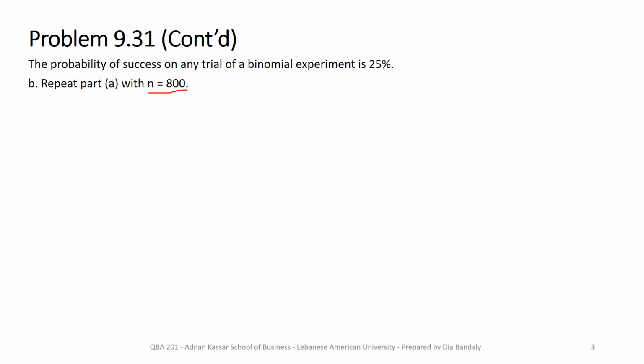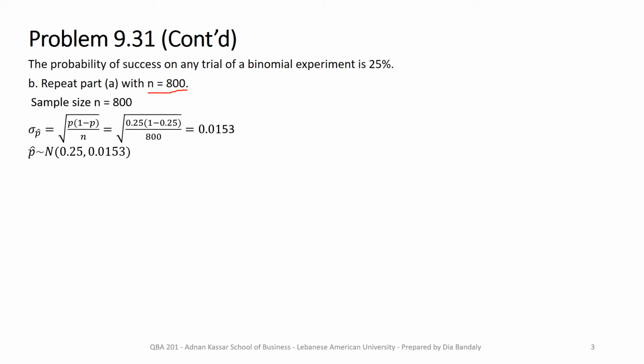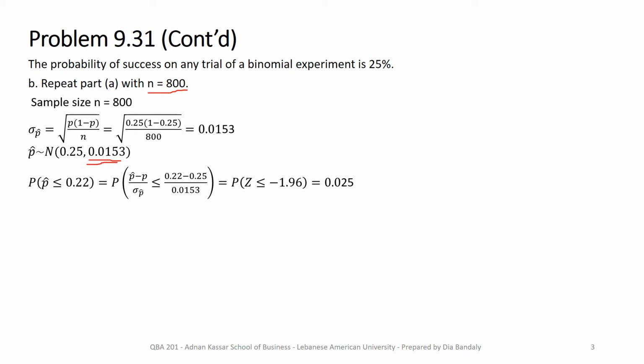So here, we're simply changing the sample size, which will only change our sigma p hat, and now it becomes 0.0153. I will go quickly here, because it's exactly the same procedure, but I'm just underlining what's changing from the previous part. And the probability is now here.